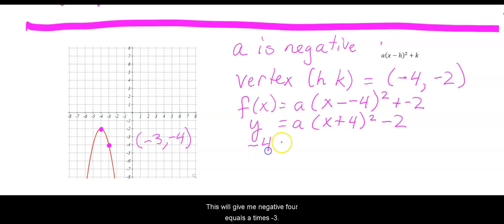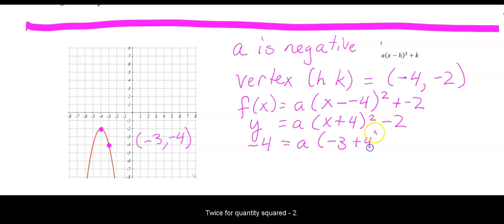This will give me -4 equals a times -3 plus 4 quantity squared minus 2. -3 plus 4 would be 1. 1 squared is just 1.